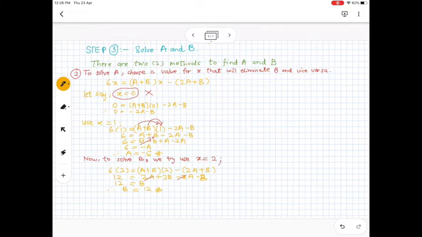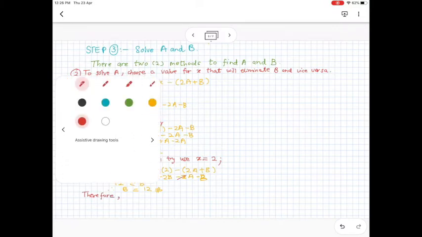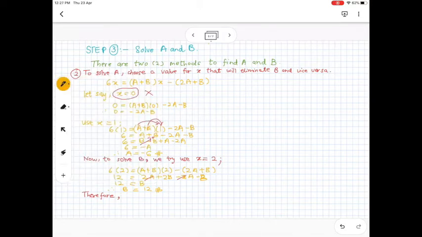Final answer is b equals 12. So now you have successfully found your a and b, and you need to plug back into the partial fraction decomposition form.